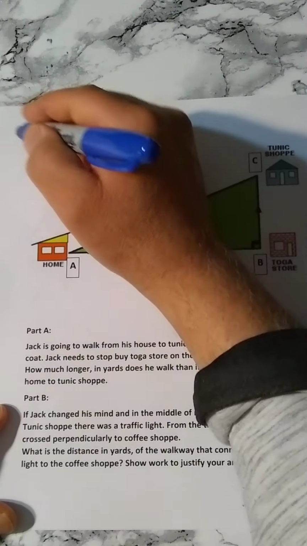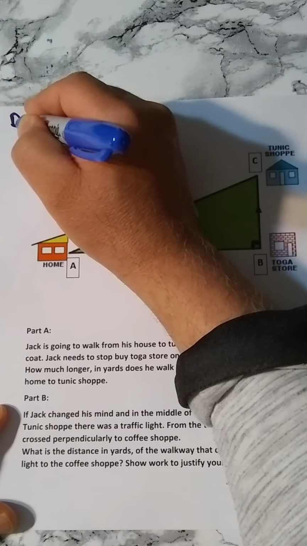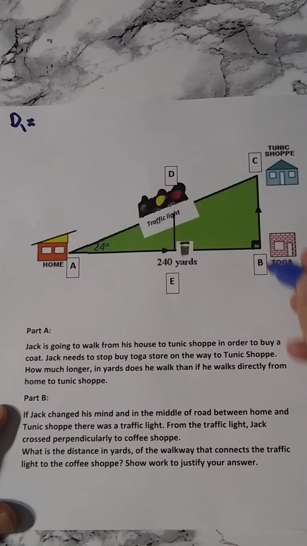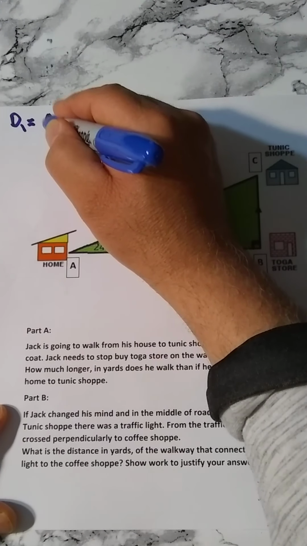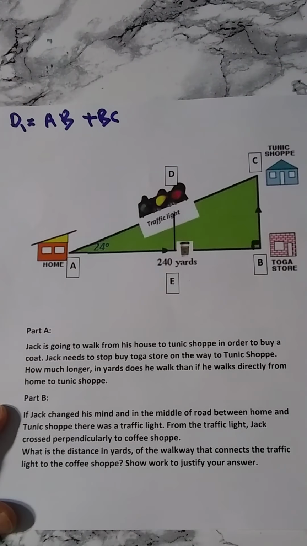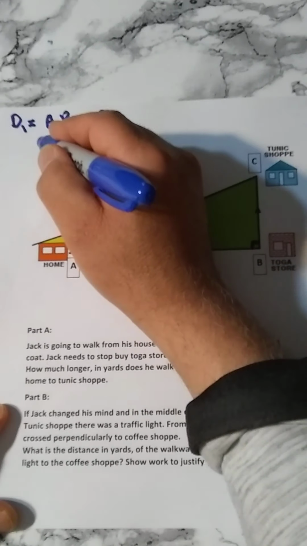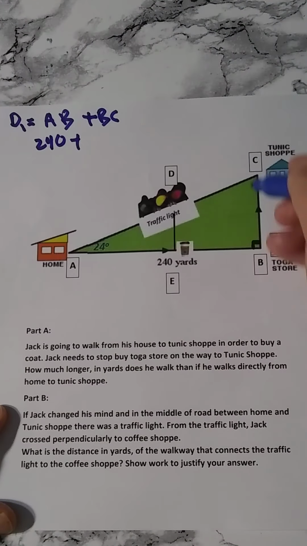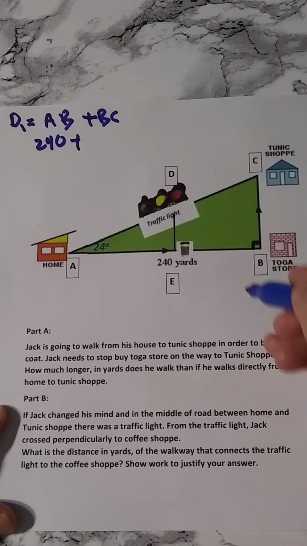So distance 1 equals AB plus BC. We know AB, it's given, which is 240 yards, plus BC. We need to find BC.